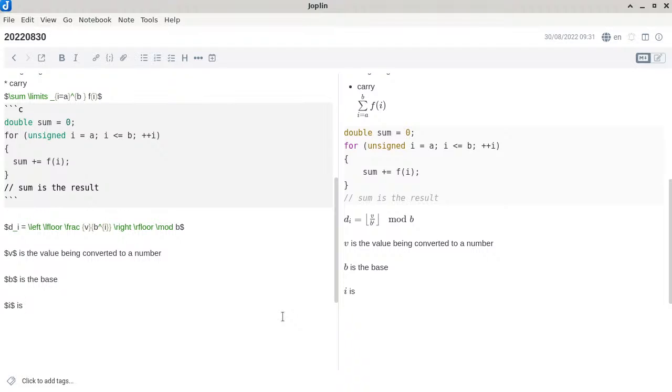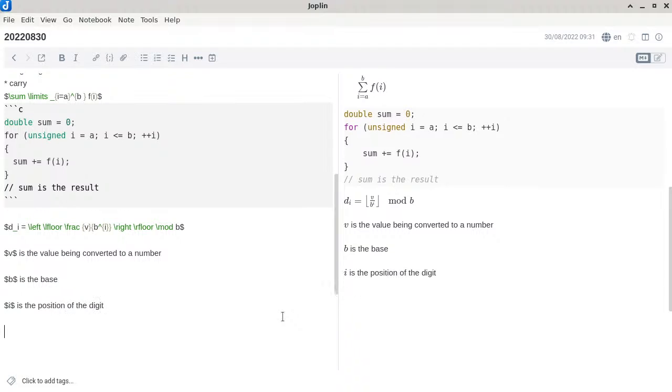So I is indicating iteration, which iteration in the sum. But it is also telling you which position. When we write out a number, I is telling you the position of the digit that we're interested in. Okay, so I is the position of the digit. Very good. So let's go through an example.